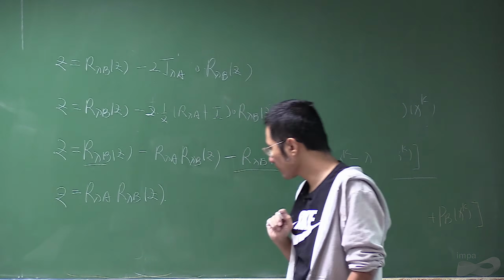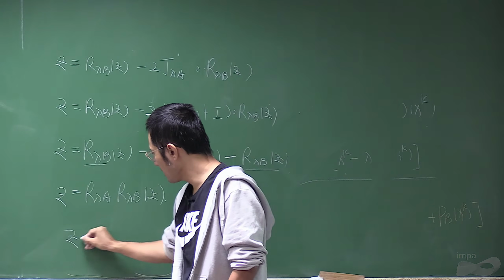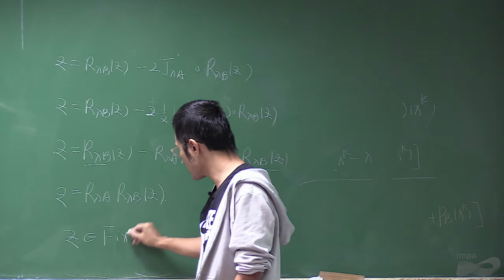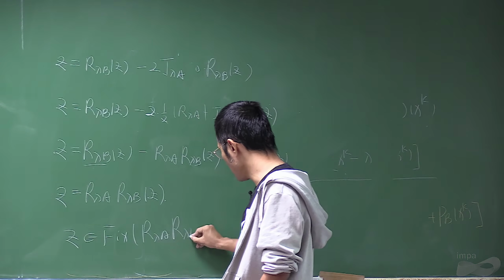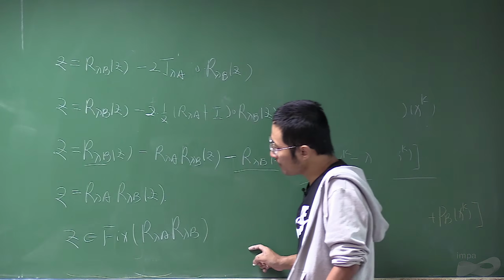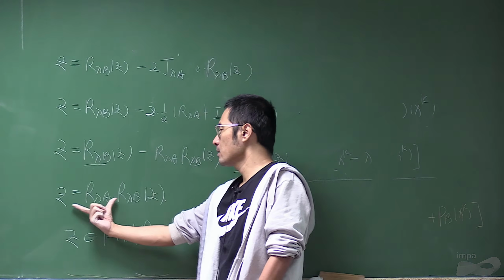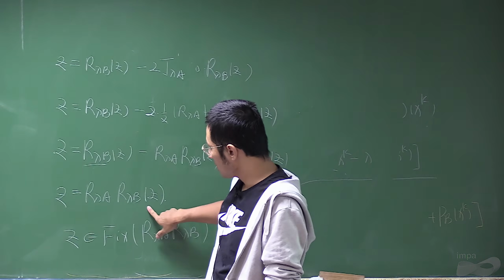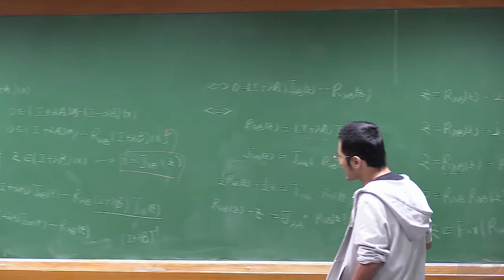Okay, so from here we know this Z belongs to the fixed point of reflection A and the reflection of B, the composition, okay? And be careful, here is a point Z, okay? Somehow you can use this operator as a fixed point iteration with respect to point Z. But we have a definition X here.